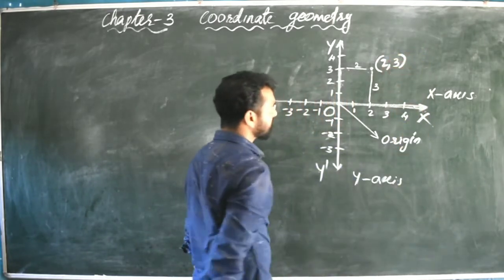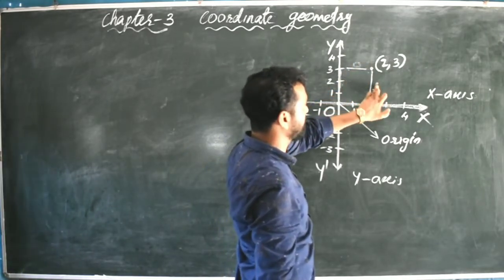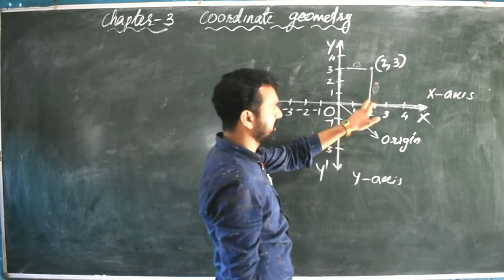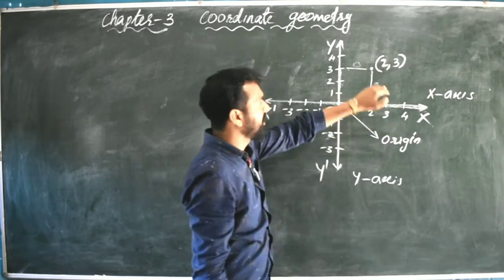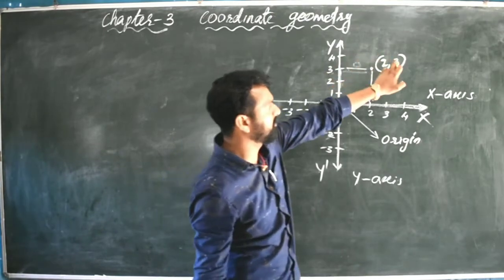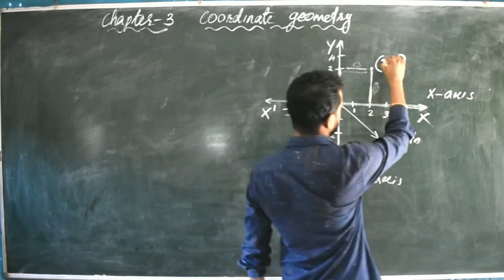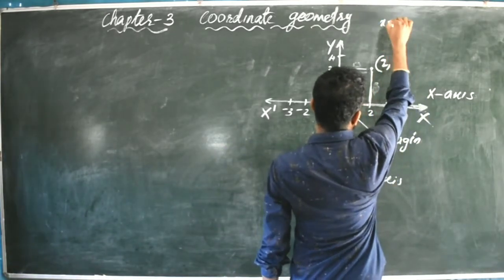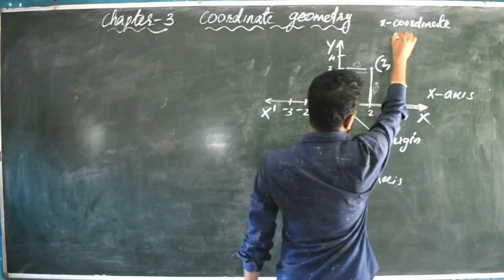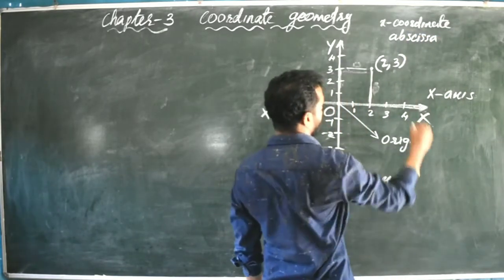The first number is actually a distance. Now see where that number is. From this point you go to the x-axis, and the number there is what we write first. From the point you go to the y-axis, and the number there is what we write second. This first number we got from the x-axis, that is why it is called the x coordinate, or abscissa.